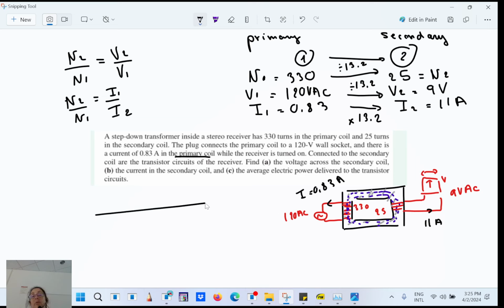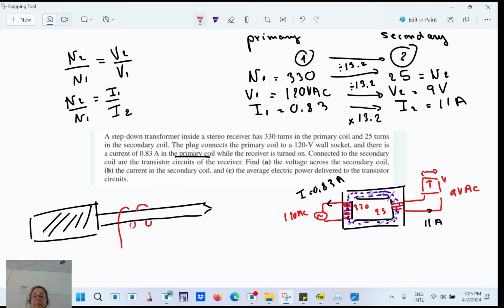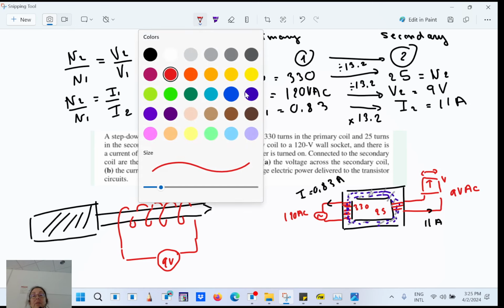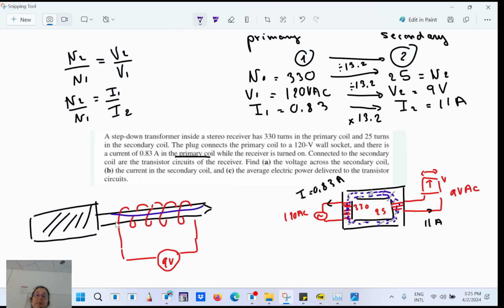So remember, if you want to make one for extra credit, you remember the electromagnet. You can take a screwdriver like this, and you wrap it with wire. This wire has to be insulated. So you connect that, for example, to a 9-volt battery. My point is that the magnetic field here is going to be trapped inside, okay?